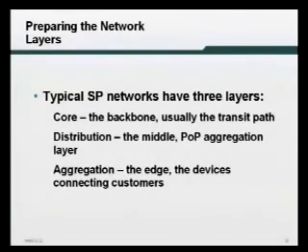And then, of course, the aggregation layer is where you connect the customers. So all your different aggregation routers, your different classes of routers, the aggregation devices would be here. Most medium-sized networks would probably have a core and aggregation. It's only the large networks that would have a distribution layer as well.